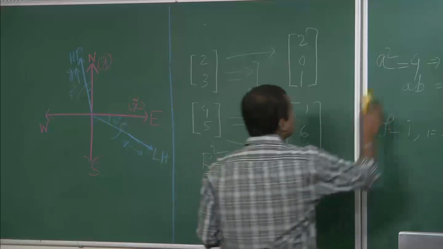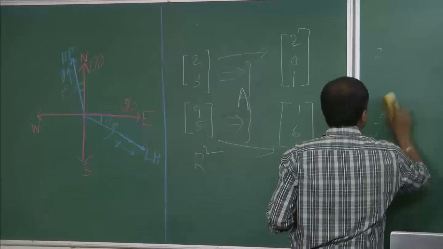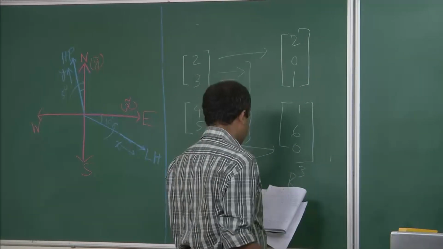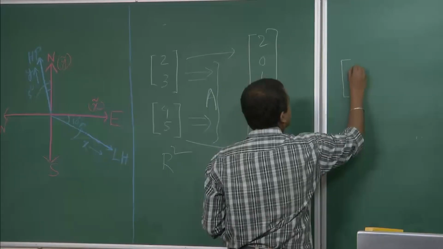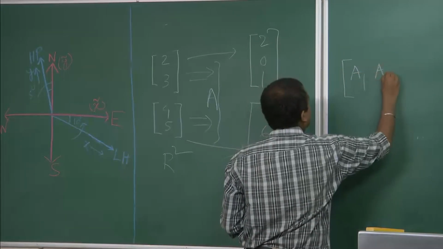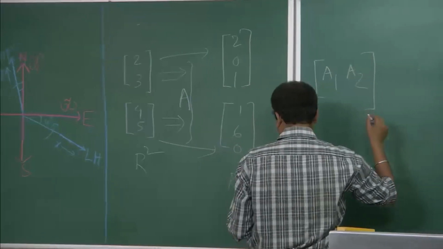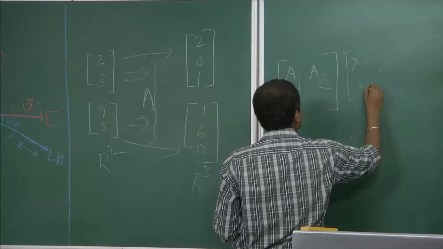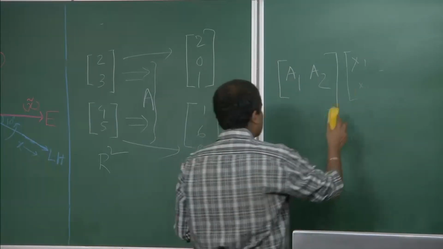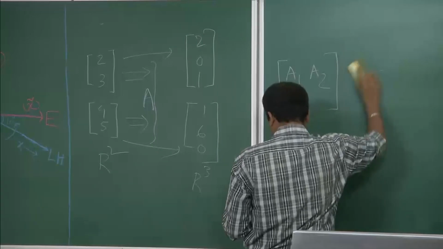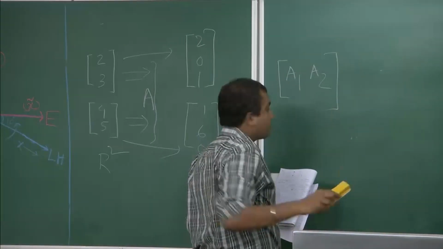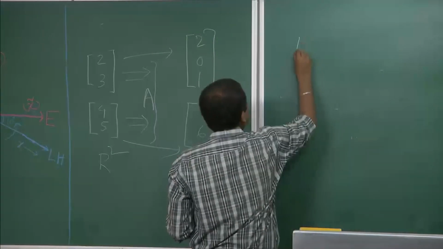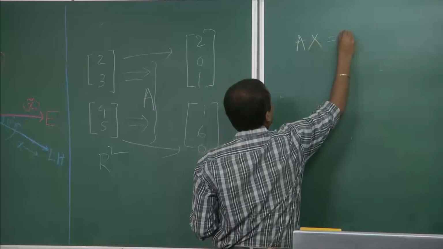So for that, we will not find the whole matrix here, we will just show how to do it. So we can write this as A1, A2, X1, X2. Basically, what you want to write is Ax equals y.